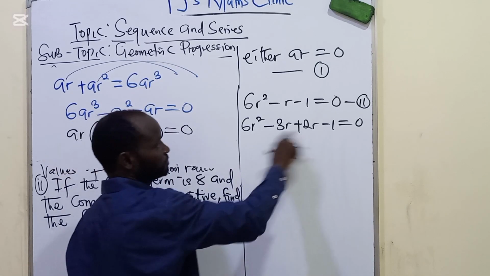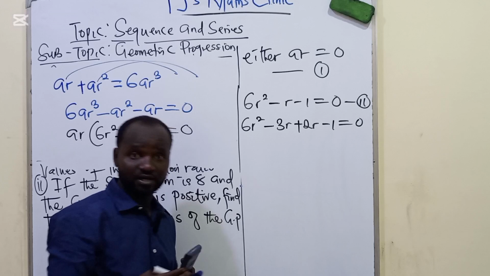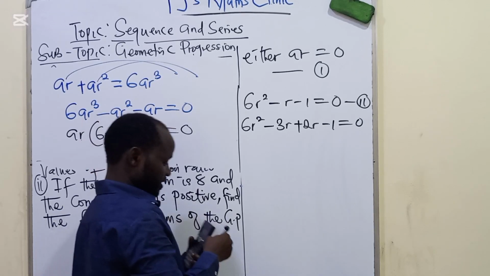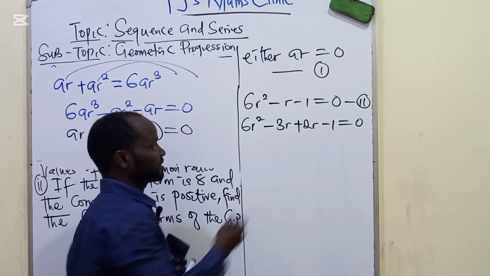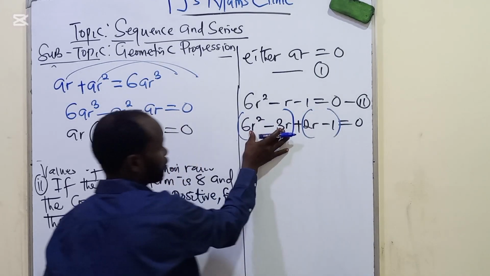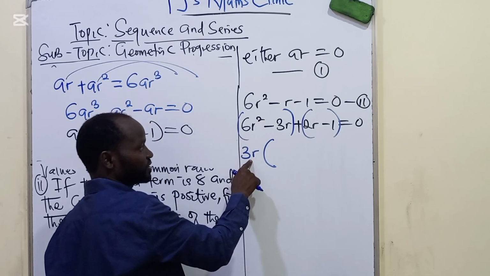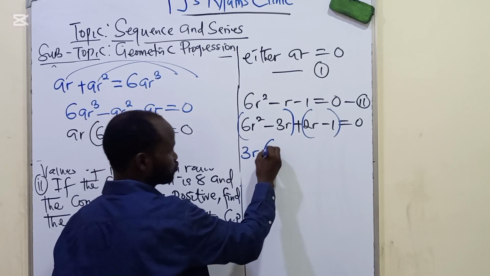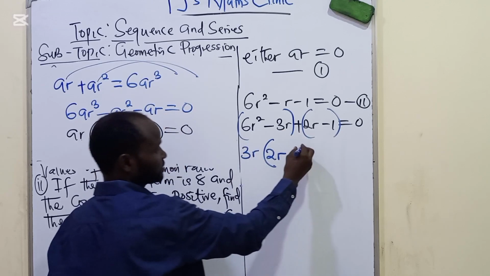Realize that the middle term, of course, will give us minus R, and when we multiply these, we get minus 6R squared. Next, let's group this. Our aim now is to find the possible value of R, that is the common ratio. What is common here is 3R: 6R squared divided by 3R leaves 2R, minus 3R divided by 3R leaves 1.